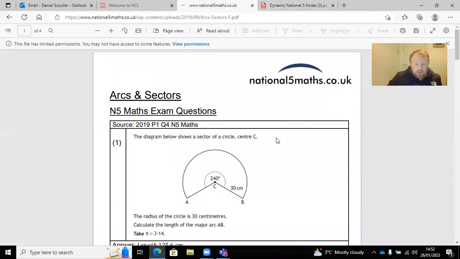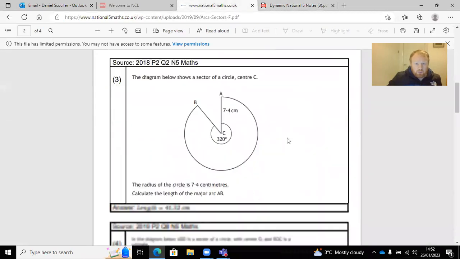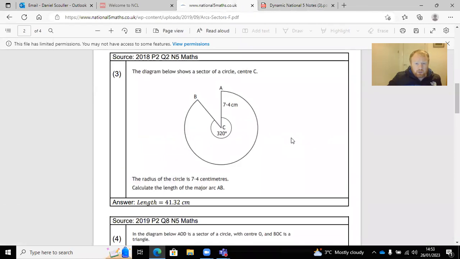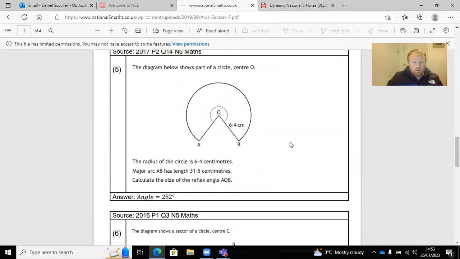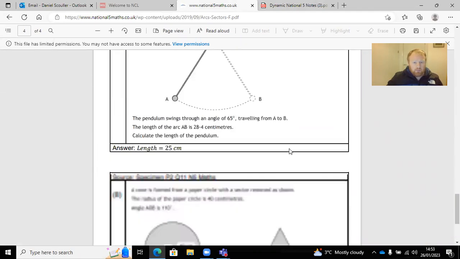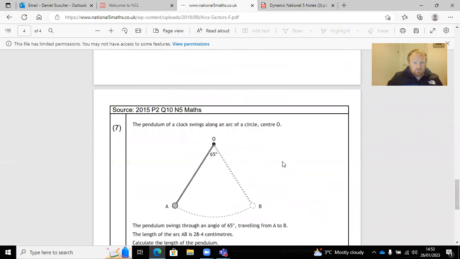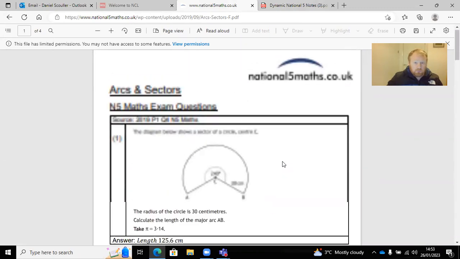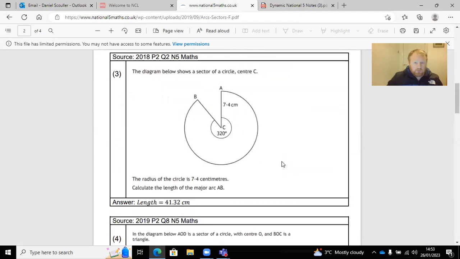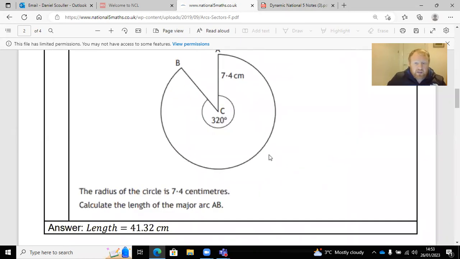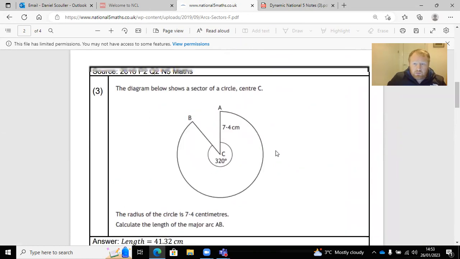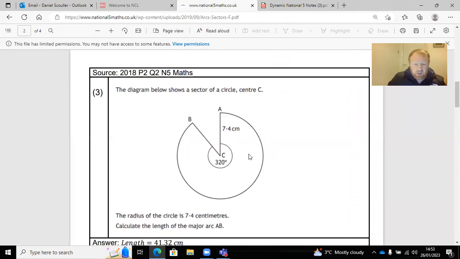Past paper questions. We'll go through them. Okay, what have we got there? What was the one I was looking at? This one. As I said, don't try and draw this out if you've not got a compass and stuff, and don't take too long.